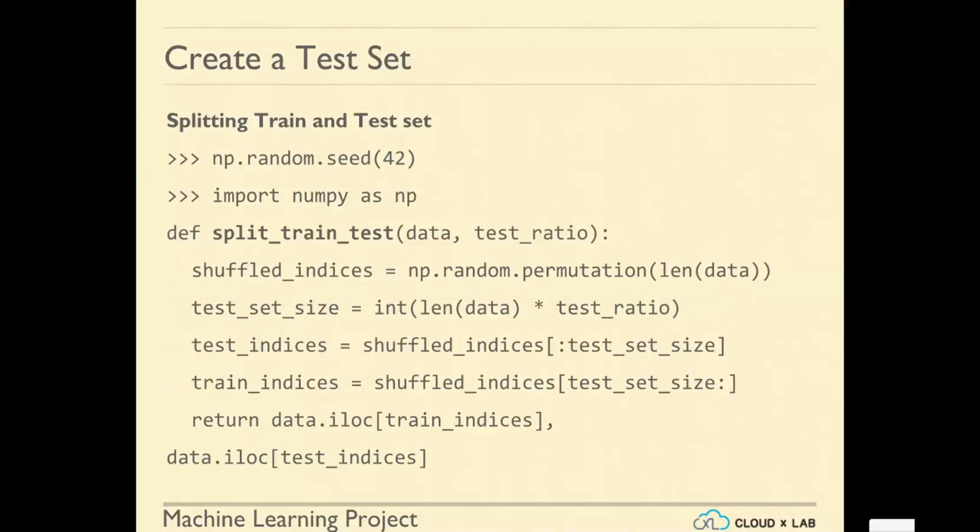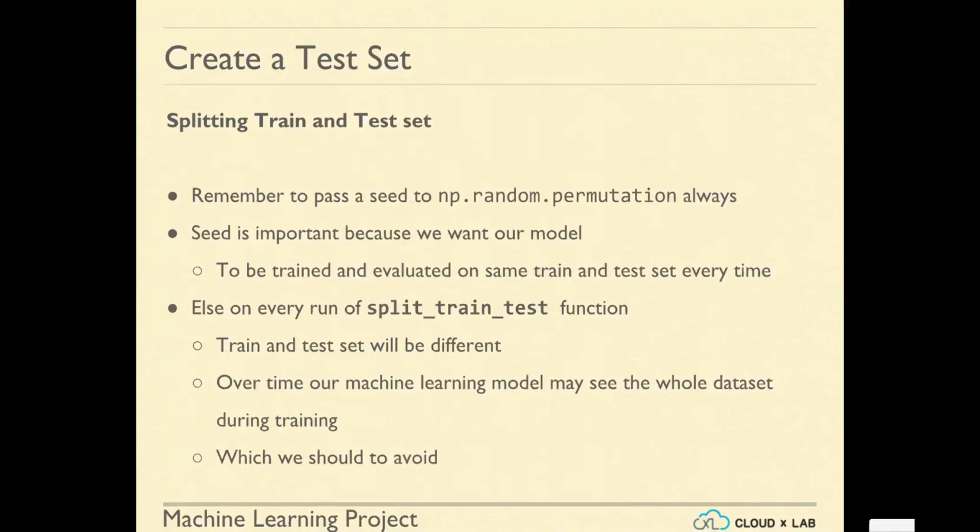So the first thing we did was split the data based on a not-so-random seed, as in we provided a fixed seed, so that every time we run the program, we get the same permutation.